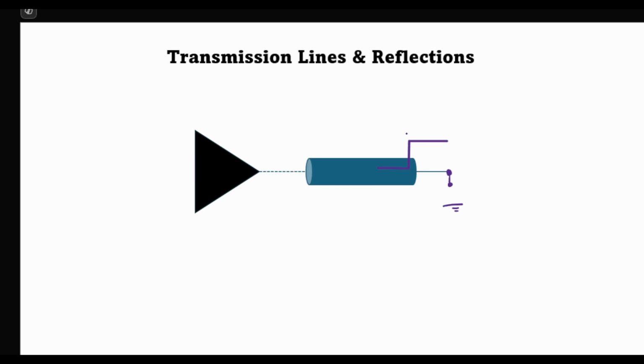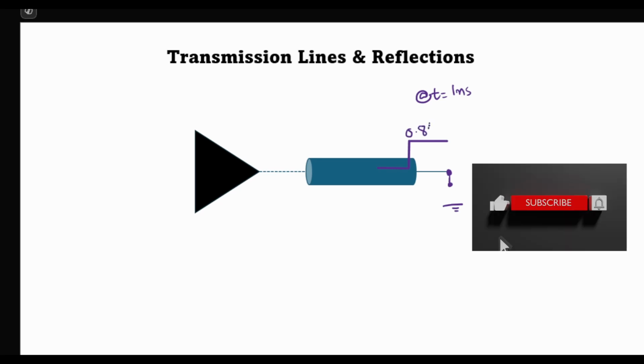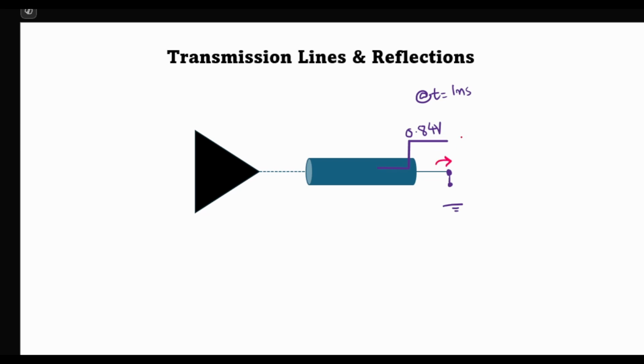So here at t equal to 1 nanosecond, which is the delay time of the transmission line, this 0.84 volt signal will reach the far end, and here, looking towards its output, it sees an open circuit. So there is no other way for the voltage to go. Therefore, this voltage will reflect back into the transmission line.